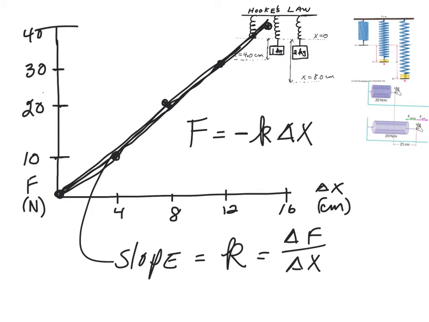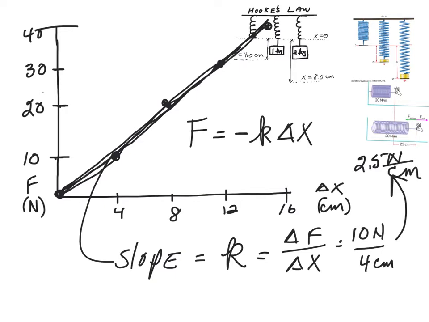And notice that whether we do 10 newtons divided by 4 centimeters, or 20 newtons divided by 8 centimeters, or 30 newtons divided by 12 centimeters, in every case we get 2.5 newtons per centimeter. And this is what we call the spring constant, or the spring force constant for this spring.